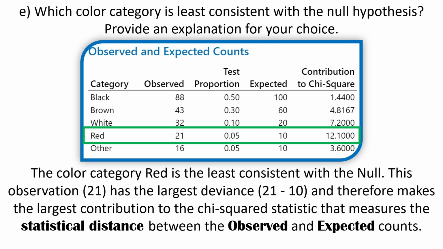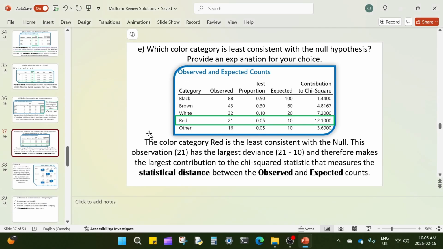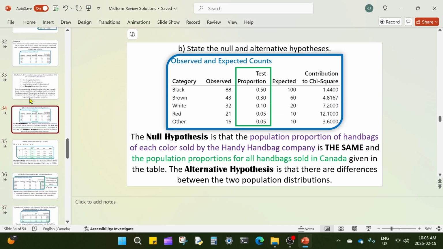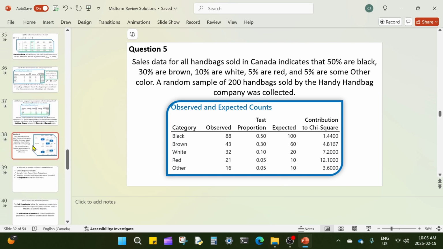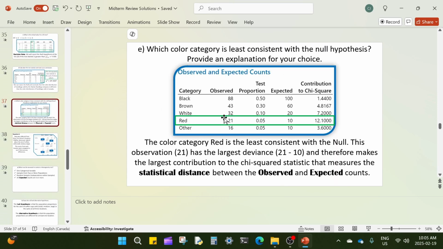And so the observed value, you can see the Handy Handbag Company in this sample size of, I don't remember the sample size. What was it, 200? Let me check. Good grief. Oh, I don't know. I have to add those numbers together. I don't even know the sample size. Anyway, if you add these observations together, you get a sample size.